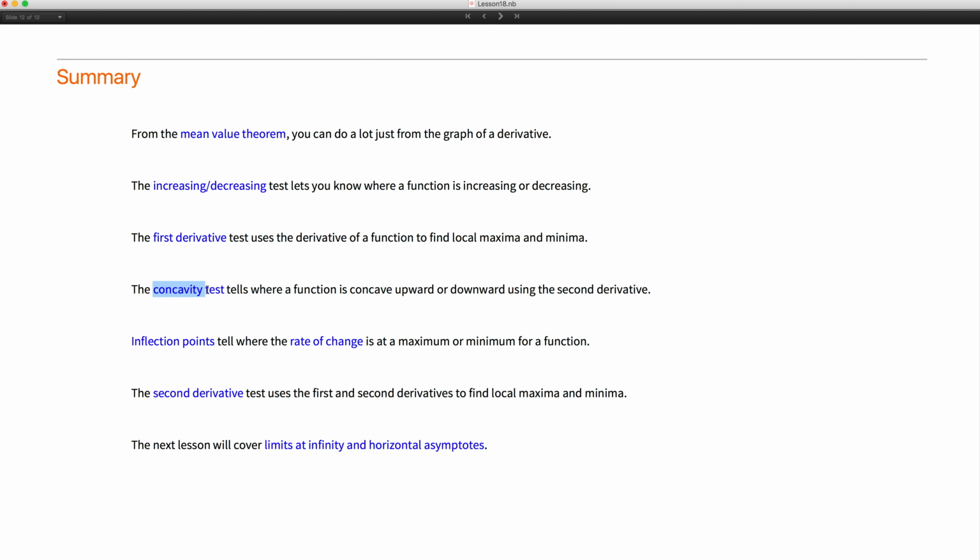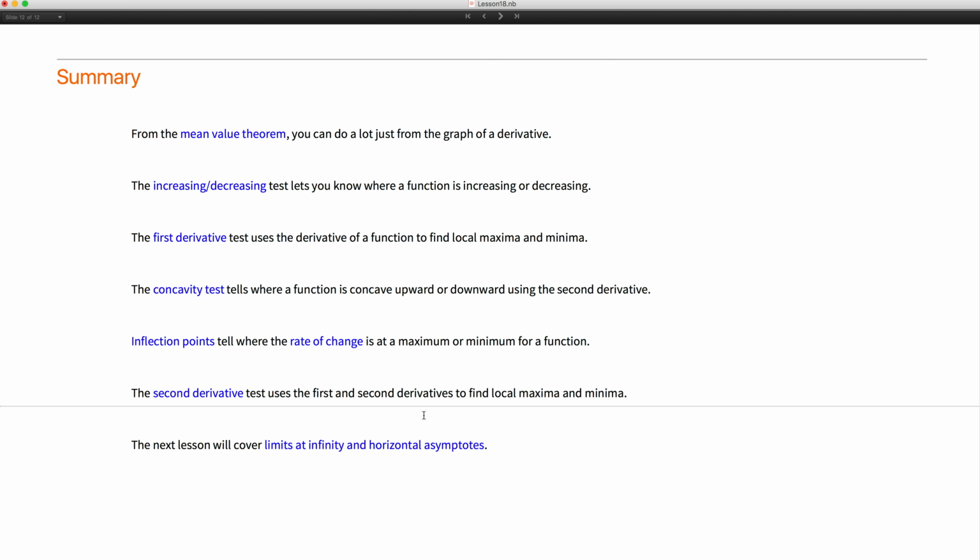We talked about the concavity test for figuring out when the function is concave upward or downward, and that relies on the second derivative. We spoke about inflection points where the curve kind of changes shape. And finally, the second derivative test tells us that you can use the first and the second derivatives together to find the local maxima and minima.